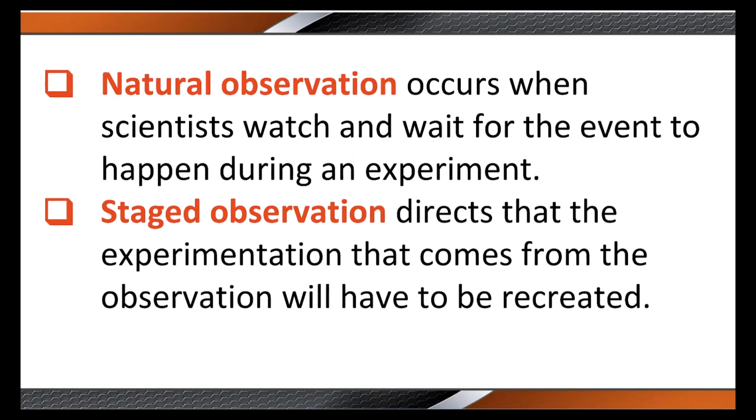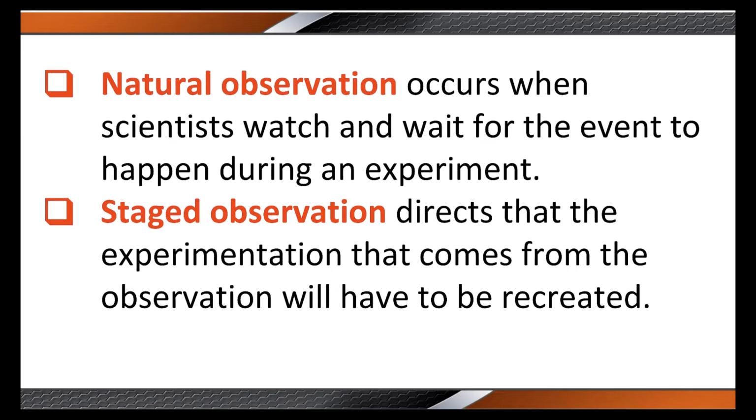Okay. So our natural observation, what exactly is that? It's going to occur when scientists watch and wait for the event to happen during an experiment. We looked at our peppered moth, but let's take a look at another example.